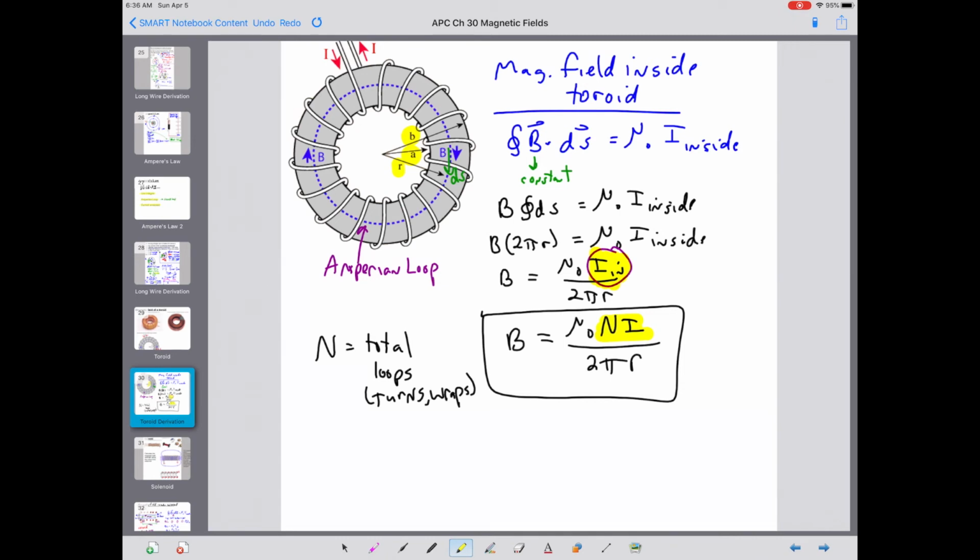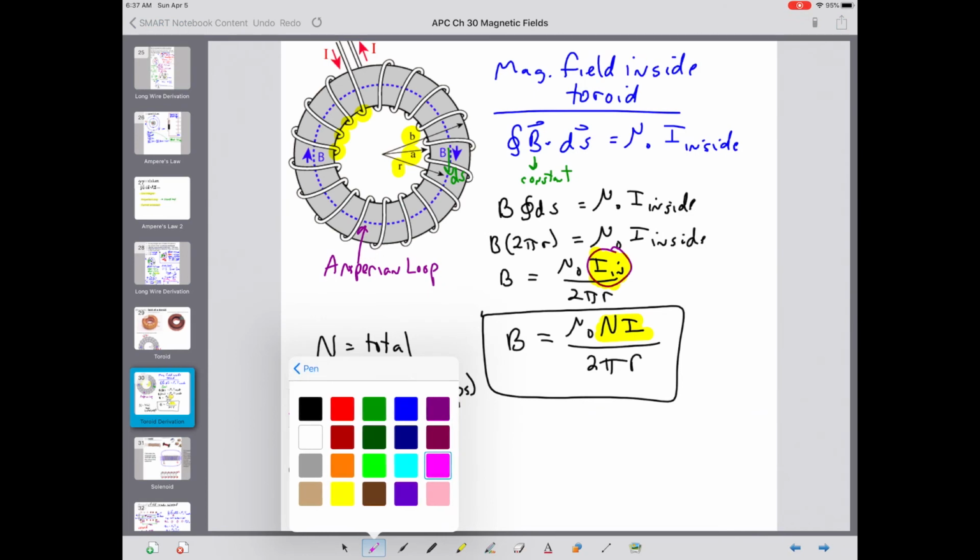How many wraps you have, because each time you have a wrap go through, which would be on the inside of the toroid shape, then you accumulate another current. So you've got 1, 2, 3, 4, etc. You've got a bunch of different currents, so you just need a multiplier on there.